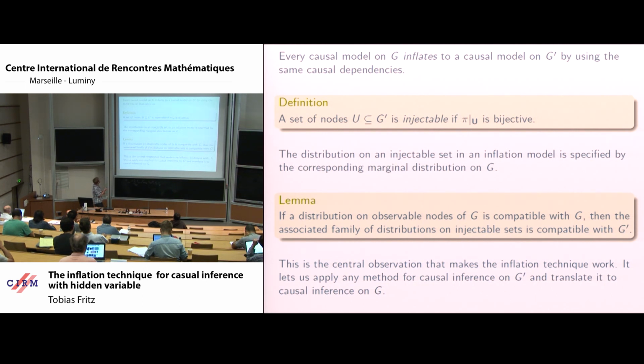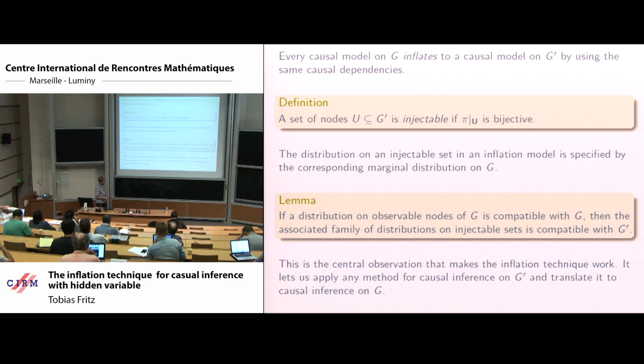Okay, in the causal model, the marginal distribution on such a set is exactly the same for the inflated one as for the original one. And so this leads to this lemma, which is kind of the main lemma that makes the technique work.